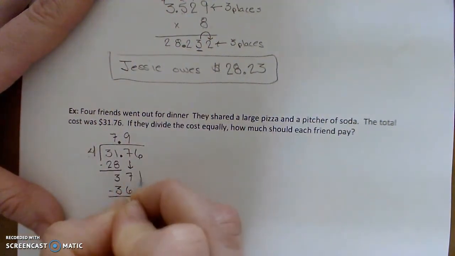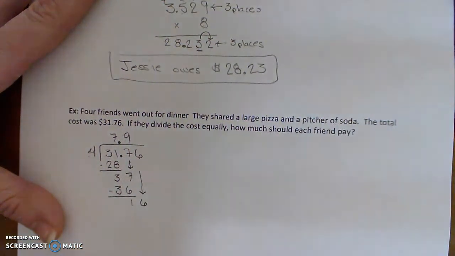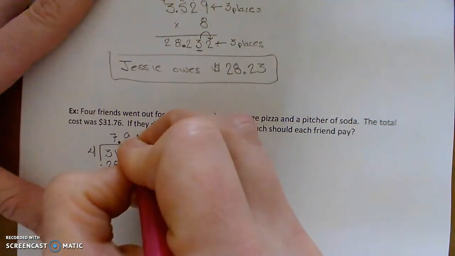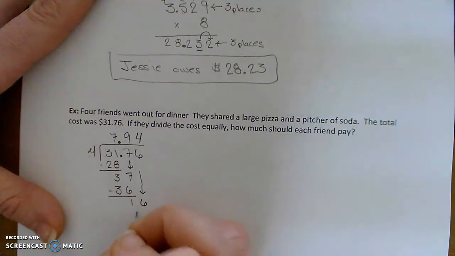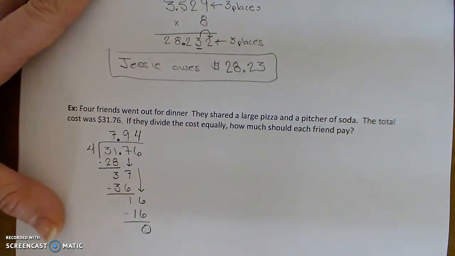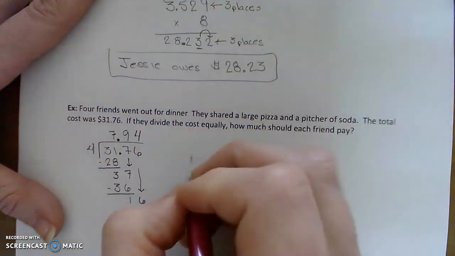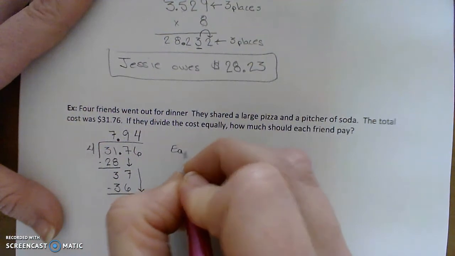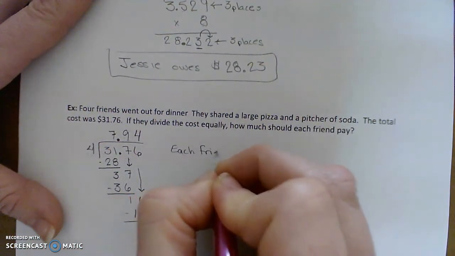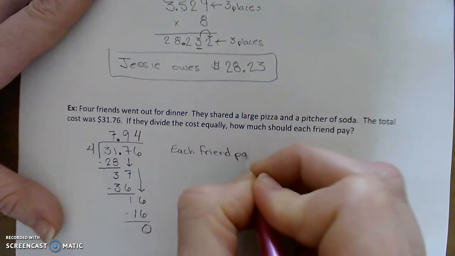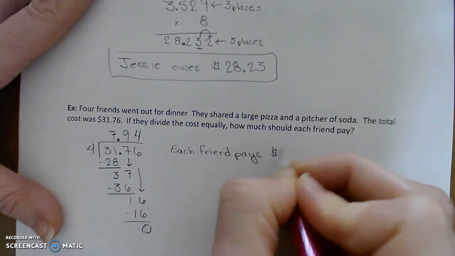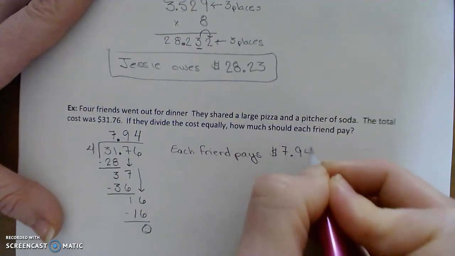Subtract, you get 1, bring down the next digit. And 4 goes into 16 4 times. 4 times 4 is 16, which is great because everyone owes the same amount of money. There's no remainder or anything. So each friend pays $7.94.